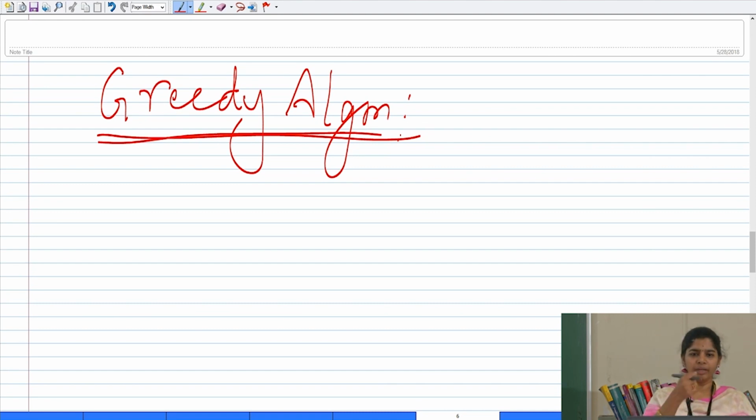So you take a vertex, you color that vertex and you look at its neighbors. Suppose I am starting with the first vertex, I color the first vertex with some color C1 and then I go to the second vertex, I see if these two vertices are adjacent or not. If they are not adjacent, then I can use the same color.